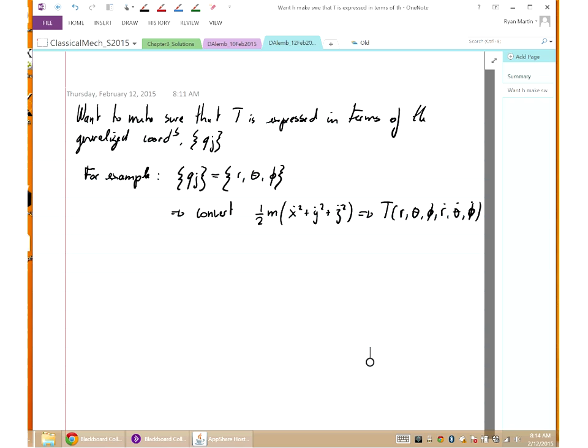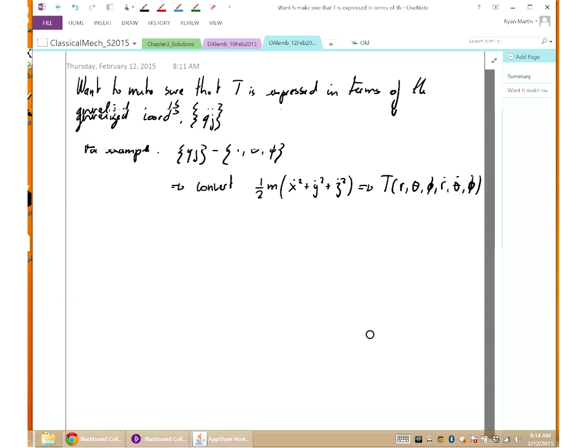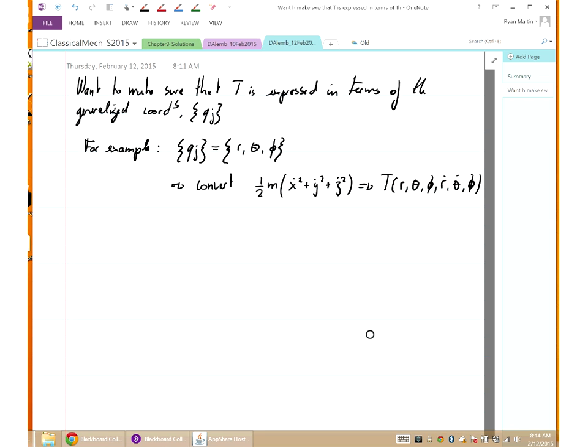So I'll show you the general strategy, and I may or may not assign it on next week's assignment to work it through. So let's look at the general form. So T, the kinetic energy, is the sum over all particles of a half m_i r_i dot squared.